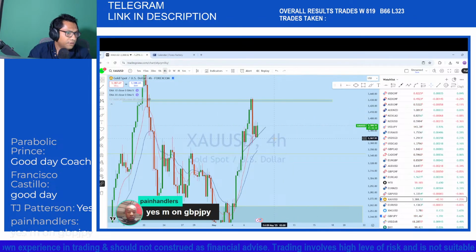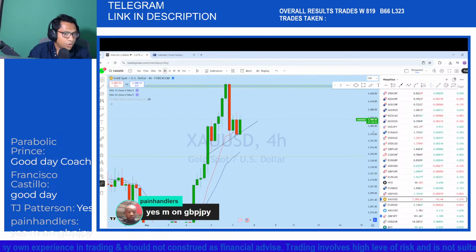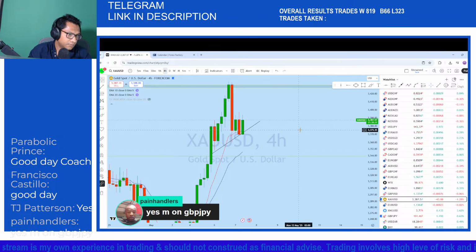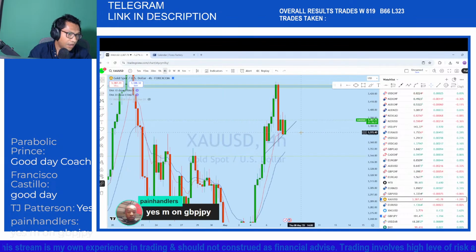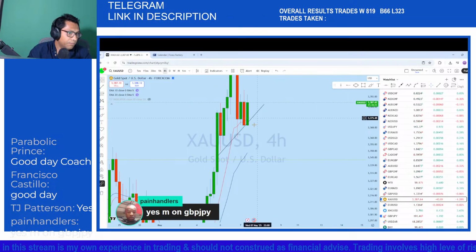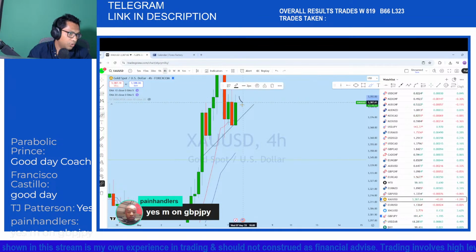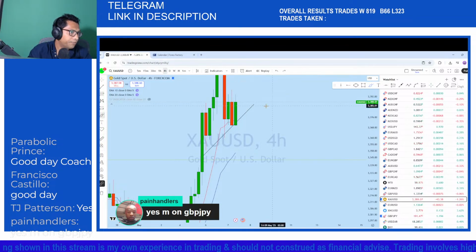Looking at the 4-hour, we have almost 1 hour 40 minutes for this 4-hour candle to close. Any break below this current 4-hour candle is where we will have an opportunity to go long.